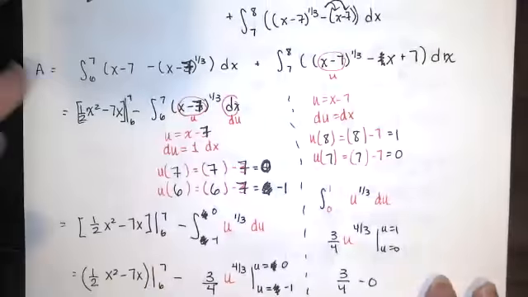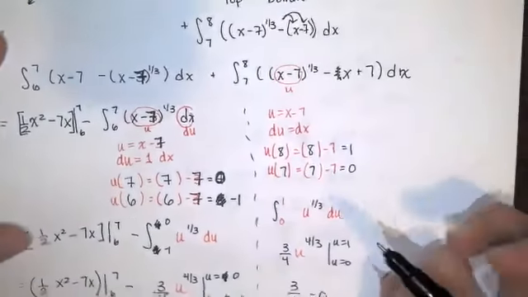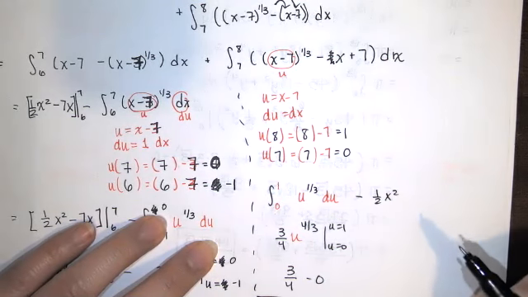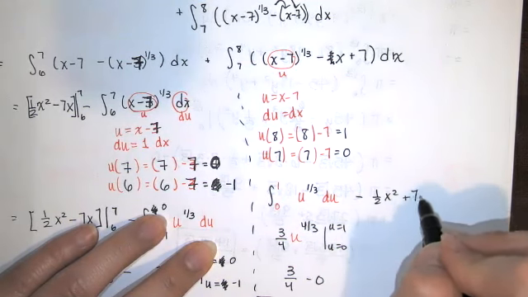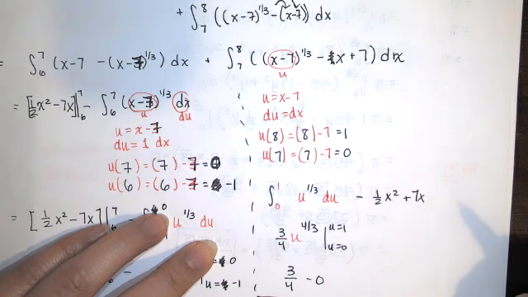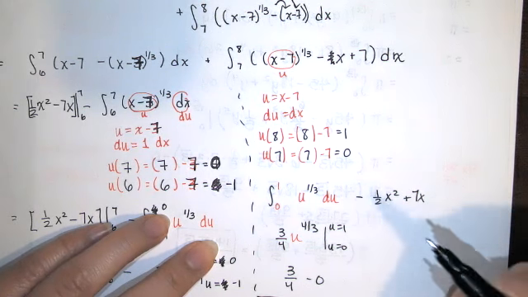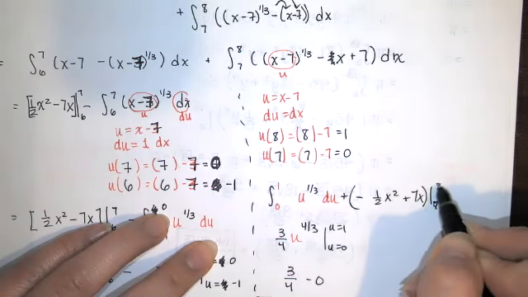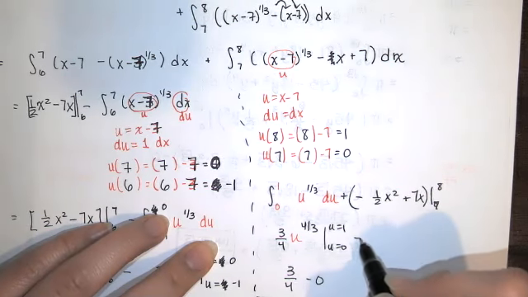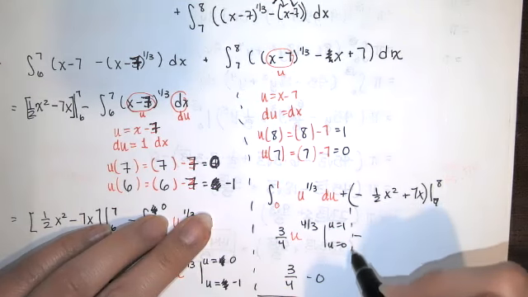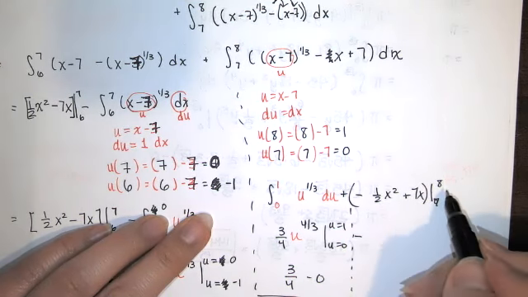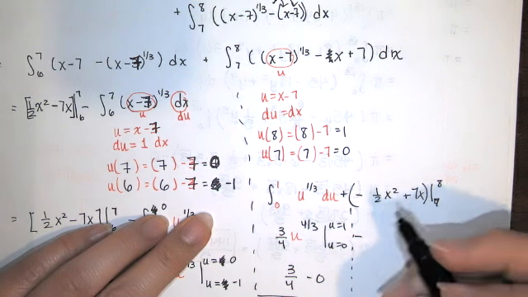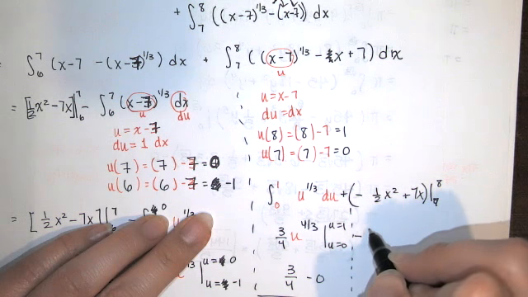Okay, so there's that. And then for this piece, we want to add 1 to the exponent and divide by the new exponent. The antiderivative of 7 is just 7 times our variable. And then we're going to evaluate all of this from 7 to 8. So at x equals 8, we get 64 divided by 2, which is 32.